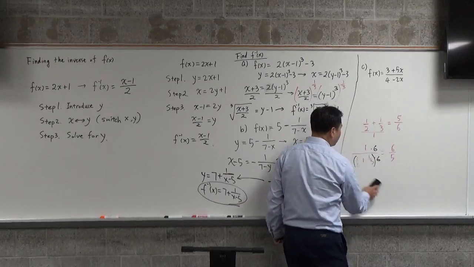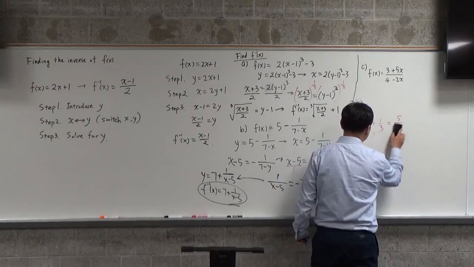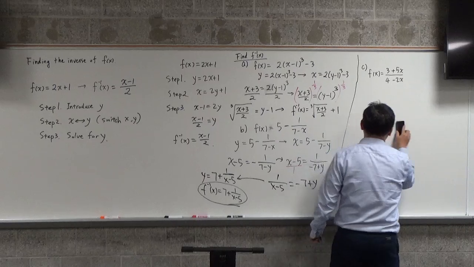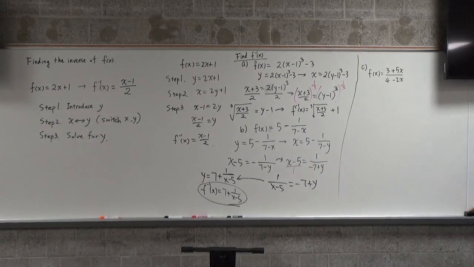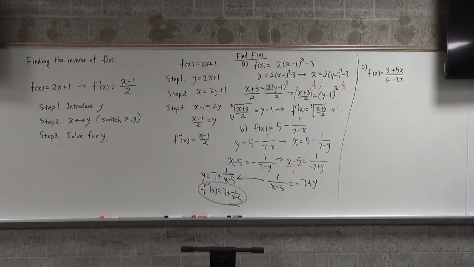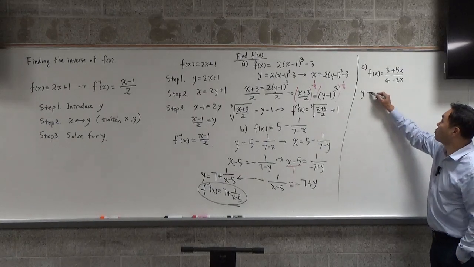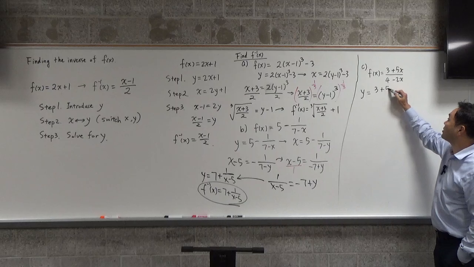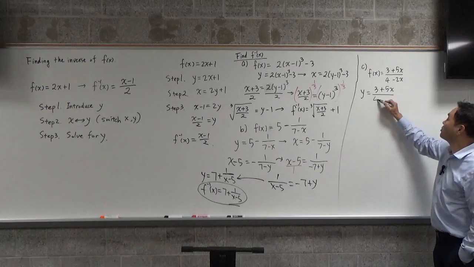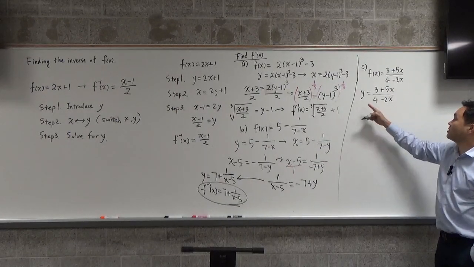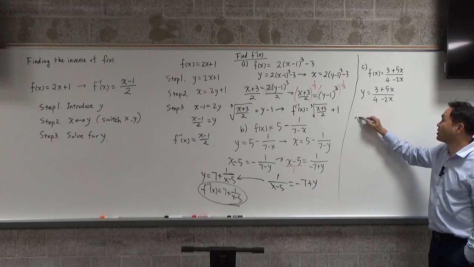Okay, that brings us to this last one. And I said this is much more challenging than the other ones. You'll see soon. So first we introduce y, that's step 1: y equals 3 plus 5x over 4 minus 2x. Now in place of y, you put x.